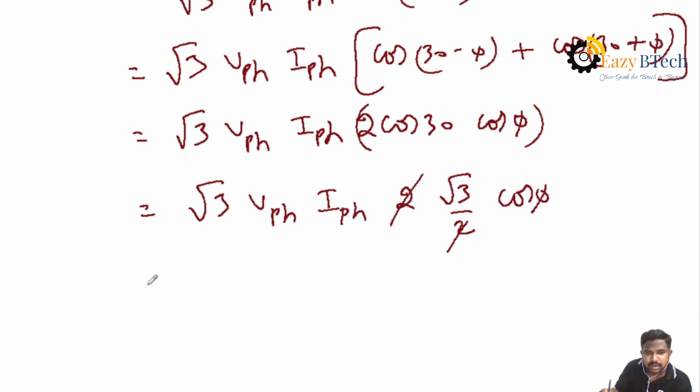Then 2 is cancelled, and root 3 into root 3 is 3.